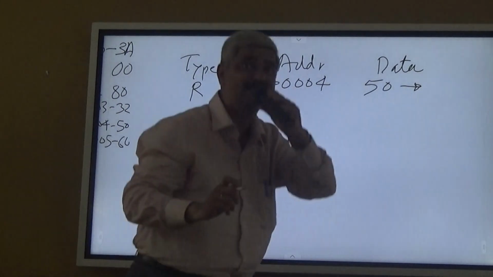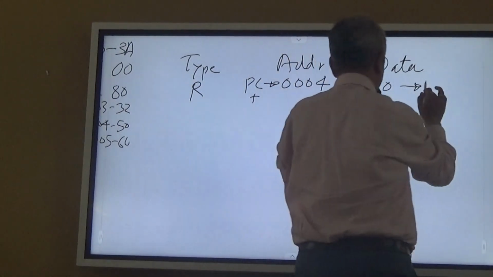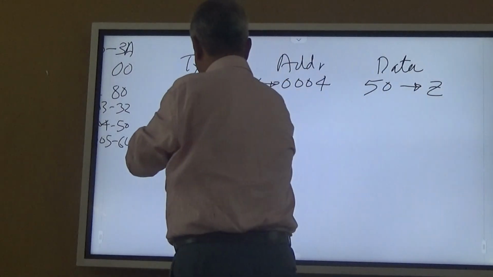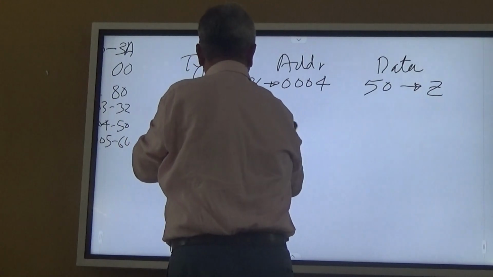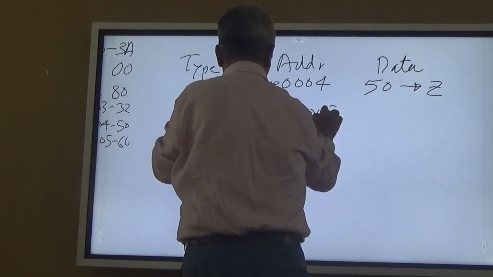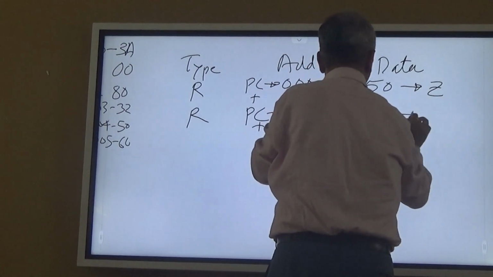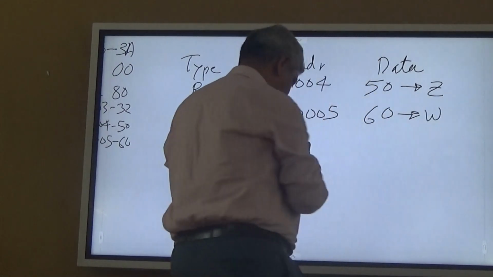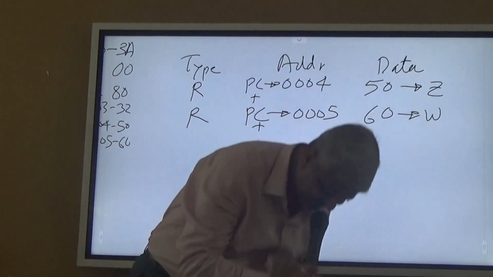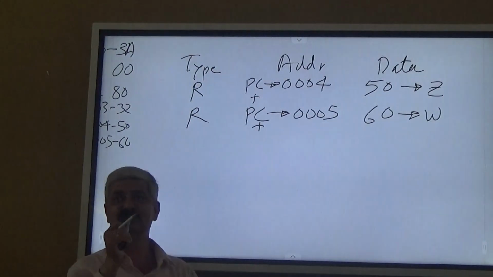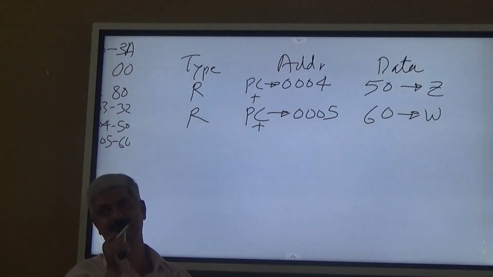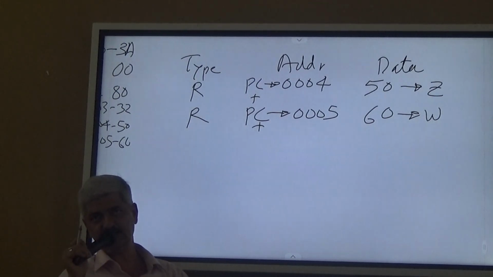Therefore it is stored in register Z. Then next is read, program counter giving address 0005, and 60 goes to W. So in these three machine cycles, the 8085 has read the instruction STA 6050. Store accumulator at 6050. So what should happen further? What should be the next cycle?